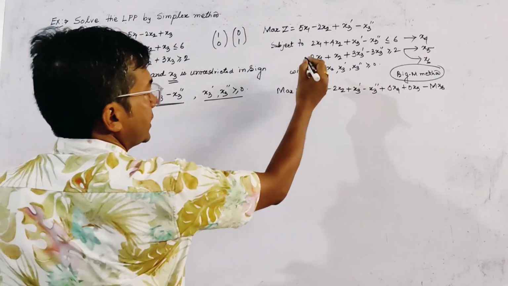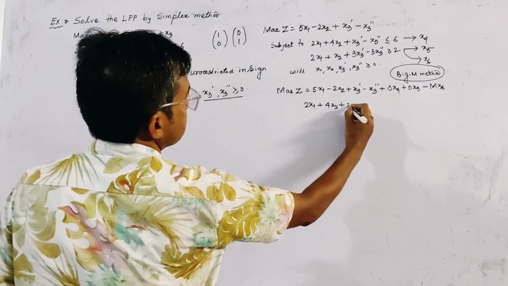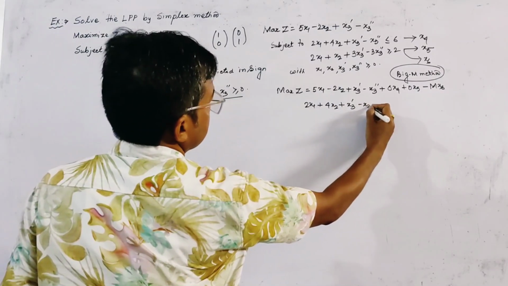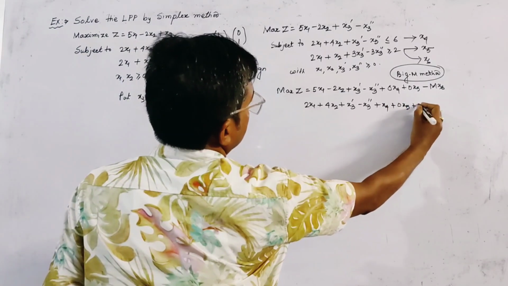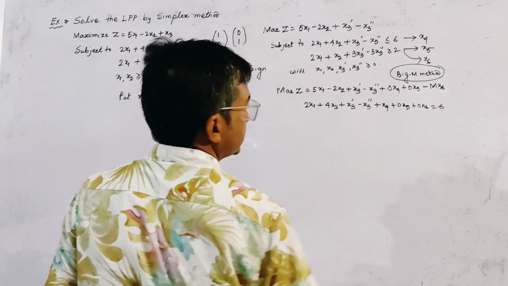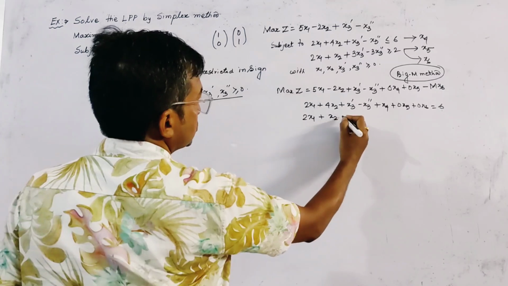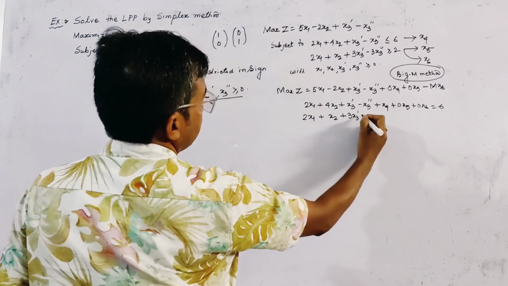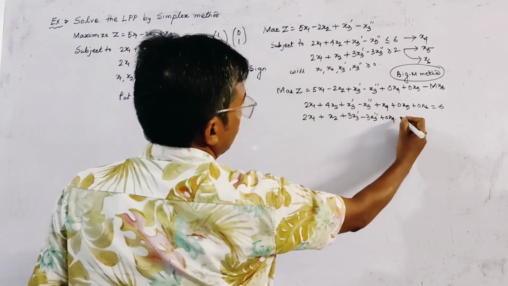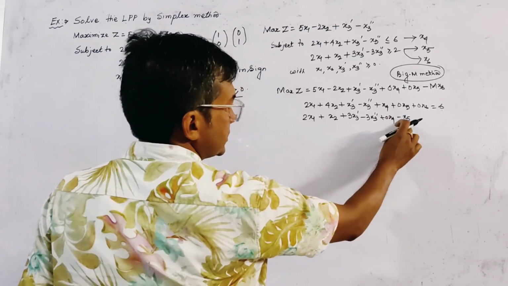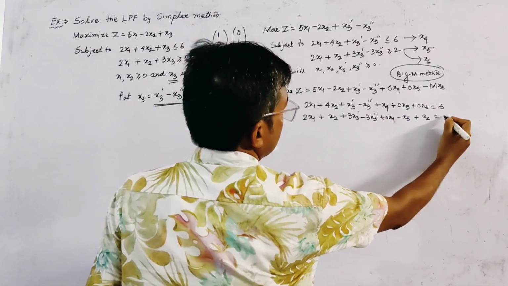The constraints are written as 2x1 plus 4x2 plus x3 dash minus x3 double dash plus x4 plus 0x5 plus 0x6 equals 6, and the second constraint is 2x1 plus x2 plus 3x3 dash minus 3x3 double dash plus 0x4 minus x5, because this is the surplus variable, plus x6 equals 2.